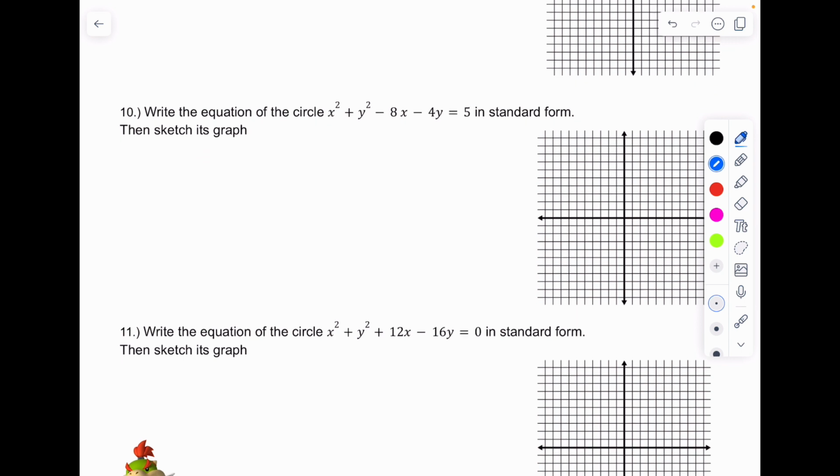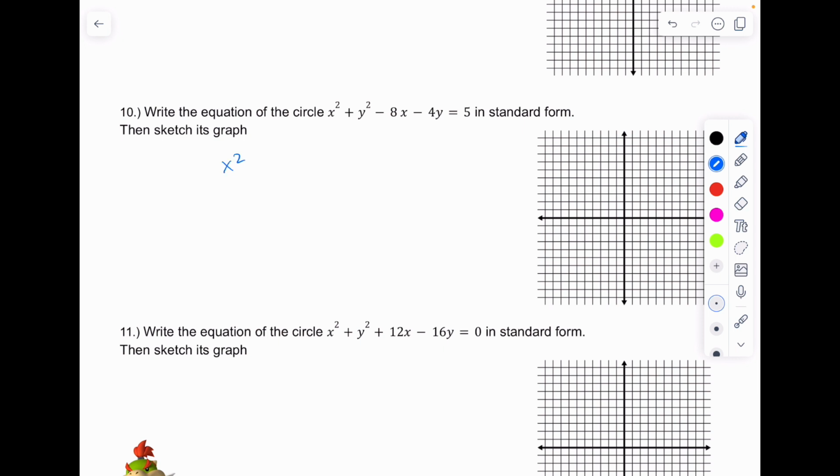Write the equation of the circle from general form into standard form. Ooh, general form. How are we going to do that? By completing the square. But in this case, completing multiple squares. So we're going to group all of our x's together and all of our y's together.